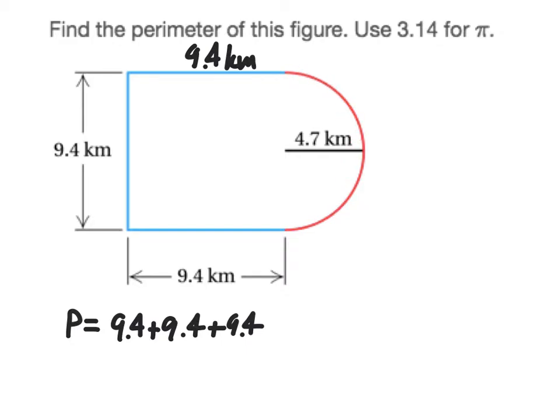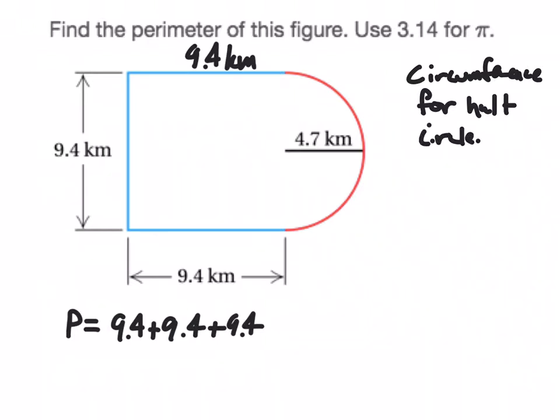And so if I were to think about the circumference of a half circle, that means that you would take the circumference, and in this case we're given just the radius, 2 times pi times r, and then we would divide that by 2, okay?